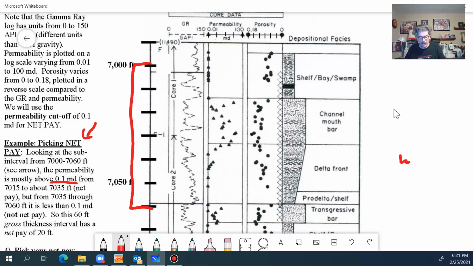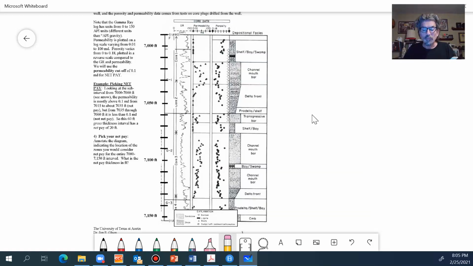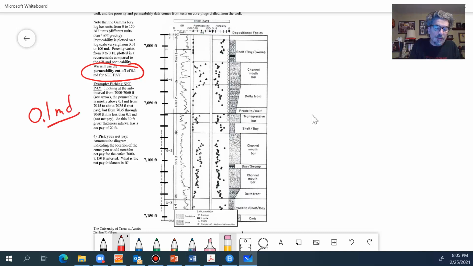So what we're going to do, let's see here. I think I can use a ruler on here. Okay, so I'm going to draw a line which is at our permeability cutoff. And so our permeability cutoff is going to be 0.1 millidarcies.